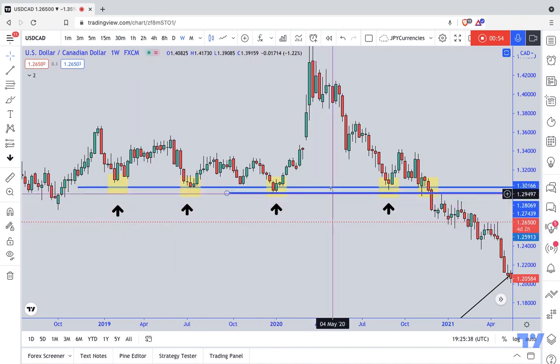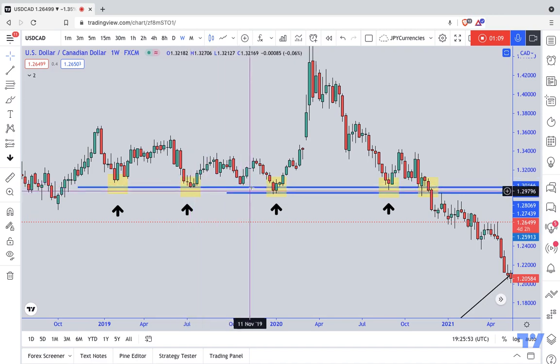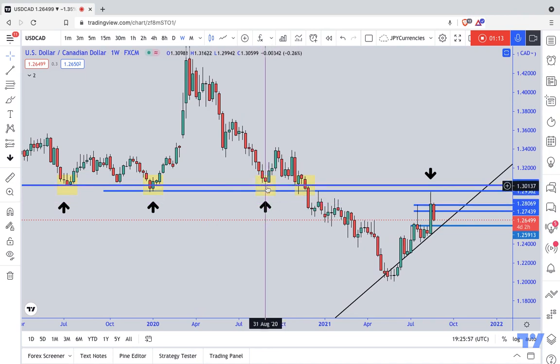So the zone is made up of this upper resistance bound and this lower resistance bound. You can see here it will support here, here, here, here.